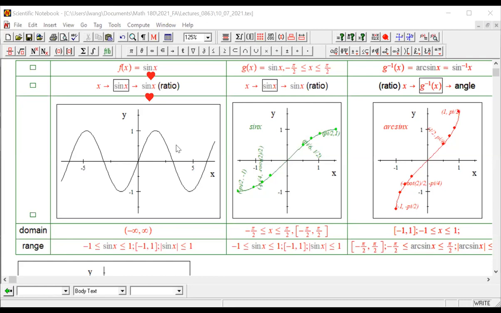So whenever you see sine, you don't need to ask the question, are you talking about the sine with domain all real numbers, or the sine with restricted domain? It's always the sine with all real numbers as domain. You guys follow me?